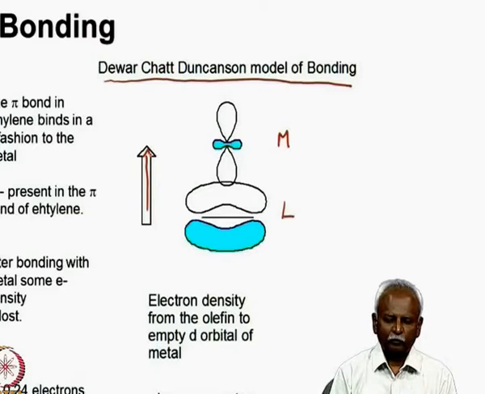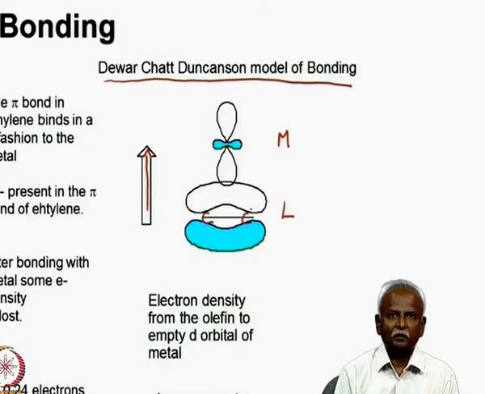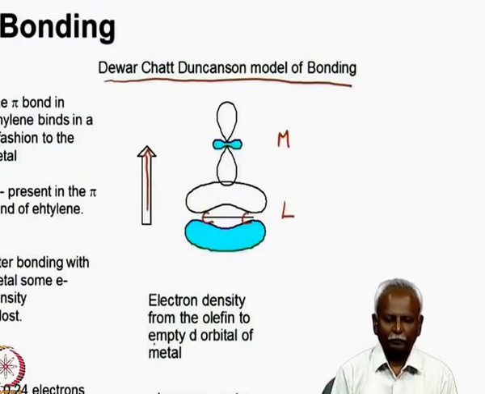So, the filled pi orbitals are present, and they do not have a node between the 2 carbons. So, here are the 2 carbons, and the 2 carbons have a pi cloud on either side of the carbon, and one side is capable of donating electron density very significantly into an empty orbital on the metal. So, this is the sigma bond.